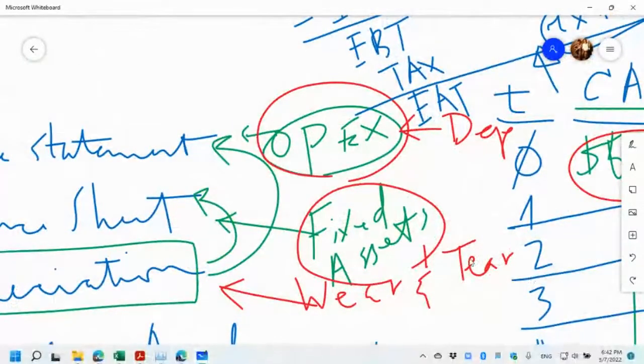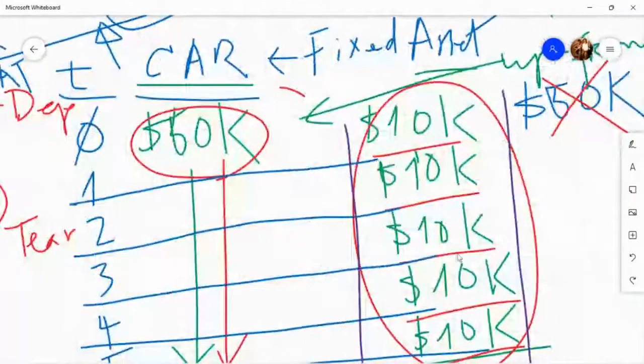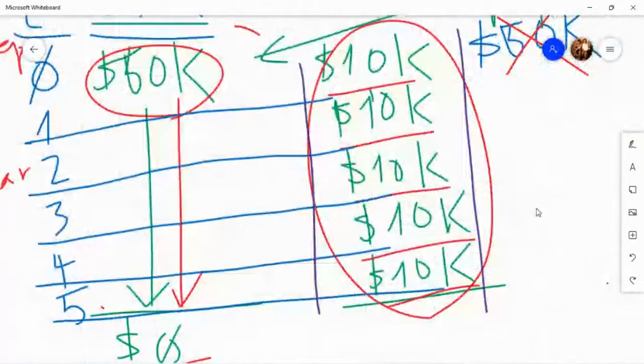And also in the balance sheet. So depreciation is artificial. Think about it. A car doesn't exactly depreciate by 10K a year, right? The reality is, in the first year you may have driven it like 1,000 miles.